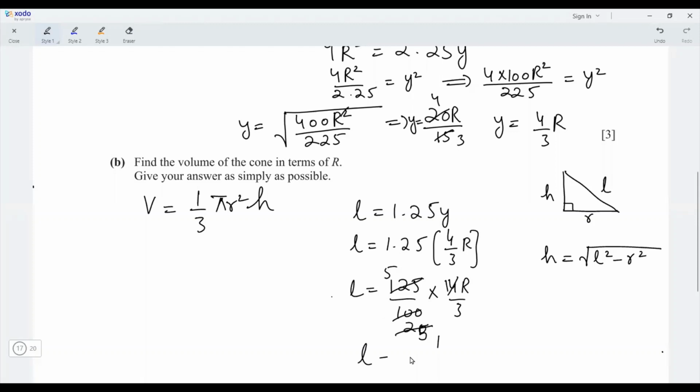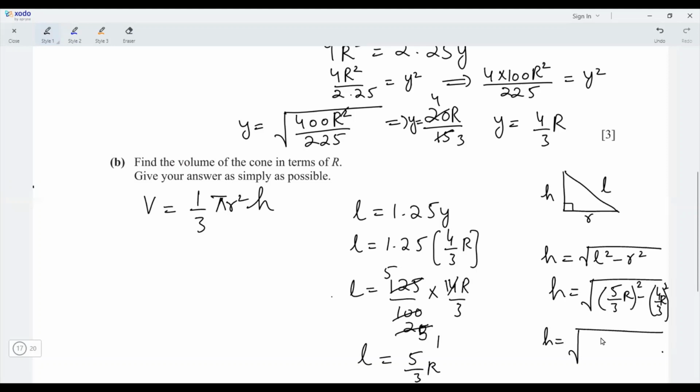So L equals 5 over 3 R. So replacing L with 5 by 3 R, and we already know r is basically y, and y is already given as 4 by 3 R, and it is whole squared. So opening the brackets, 5 squared is 25 over 9 R squared minus 4 squared is 16, and 3 squared is again 9, and R squared.